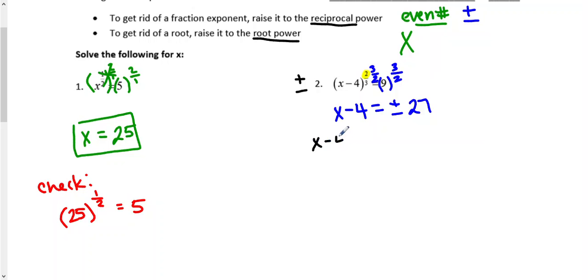So x minus 4 equals positive 27, x minus 4 equals negative 27. And then we just add 4. So we get x to equal 31 and x to equal negative 23.